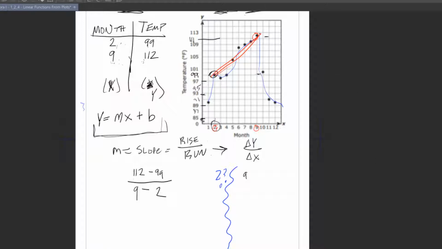How do you know it's not 99 minus 112 over, I don't know, 9 over 2, right? How do you know not to write it like this? Well, there's two tips here. One, you can look at the plot.